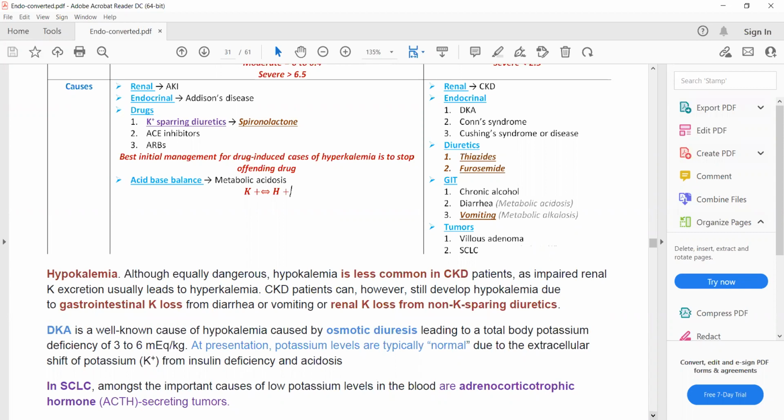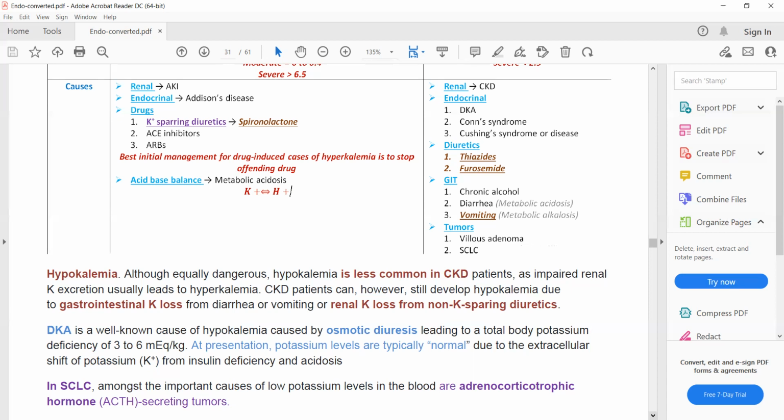ACTH or ADH? Which one of them can cause hypokalemia? Increased ADH. ADH and ACTH, both of them will cause hypokalemia.